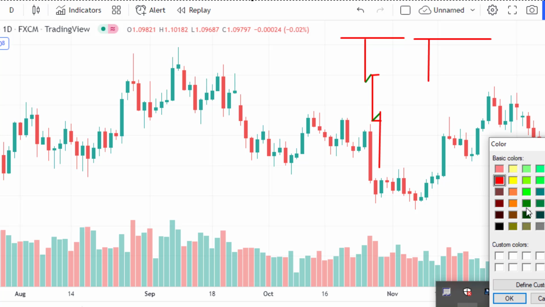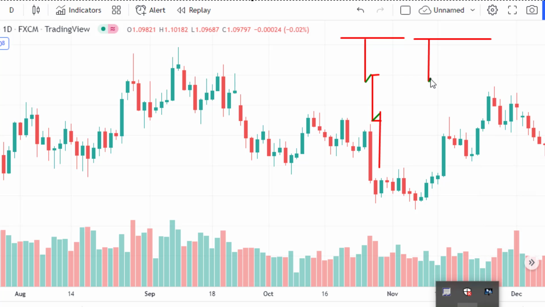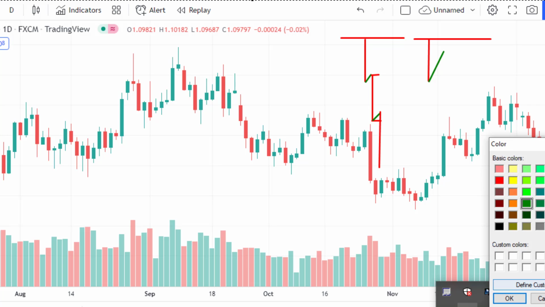Okay, so now the market again started going up from here. It's going in the upward direction, but when it came near this area, the market again started falling down, and it's a deep down.